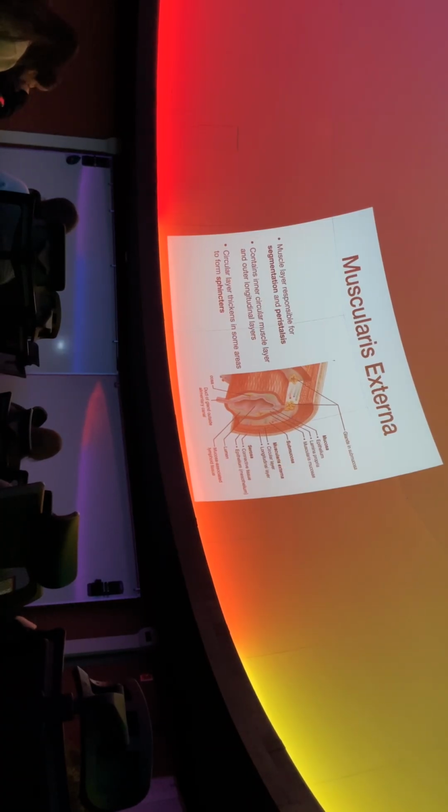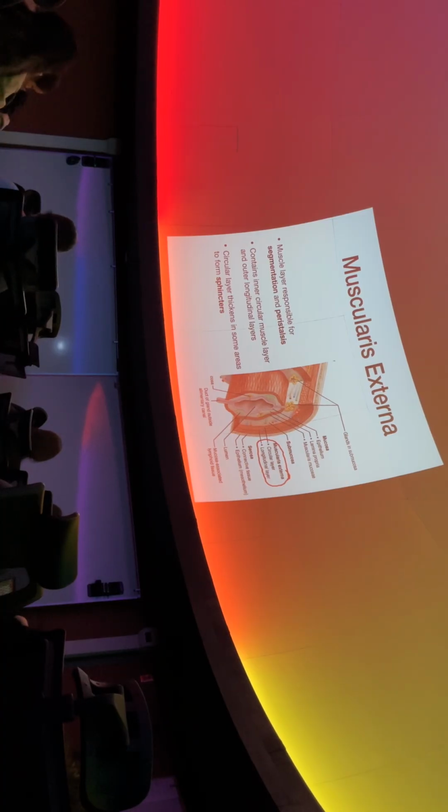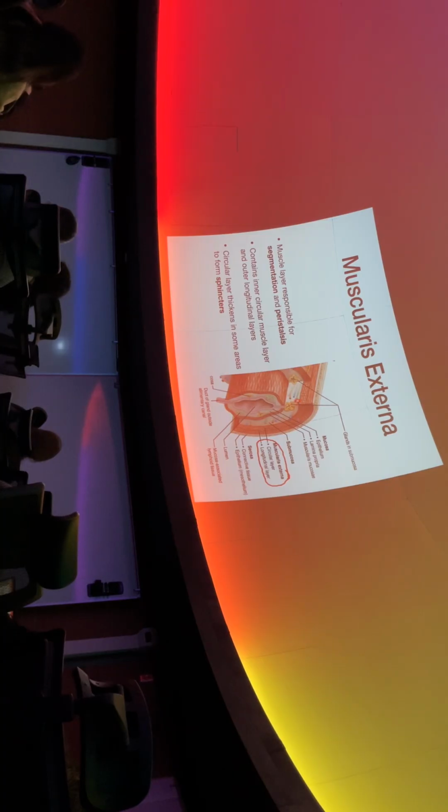Now, the muscularis externa is two muscle layers, but they're both made of smooth muscle. The only difference between the two, the circular layer and the longitudinal layer, is the direction of the fibers. The circular layer, which is deeper, has fibers running around the alimentary canal, kind of like how I'm orienting it like this.